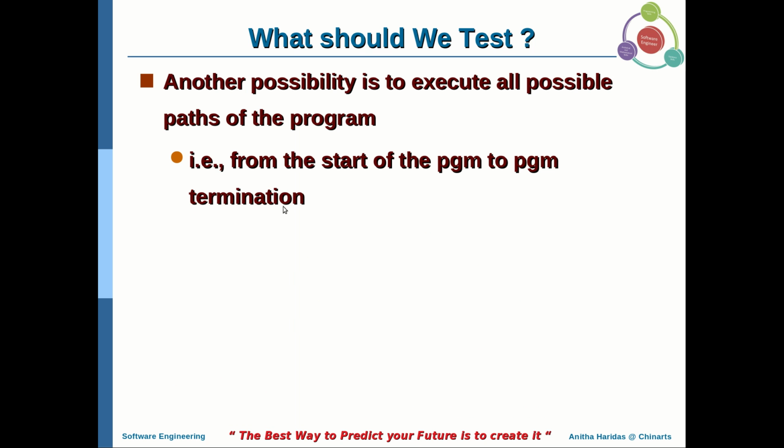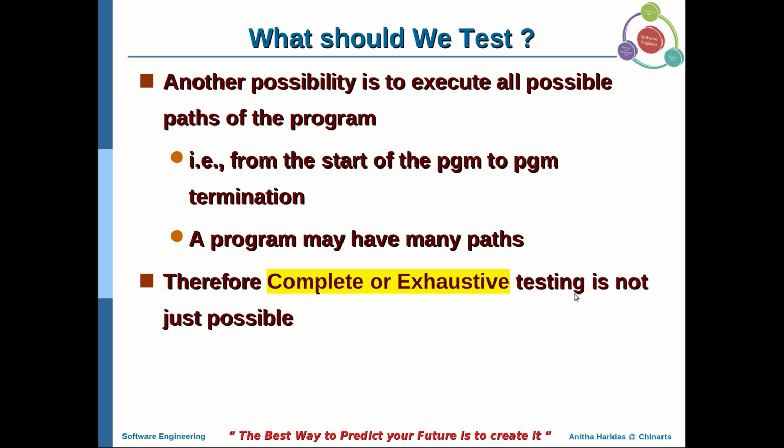So you have to start from the beginning of the program till the program gets terminated, and find out all the possible paths for your program. So the conclusion here is that complete or exhaustive testing is just not possible.